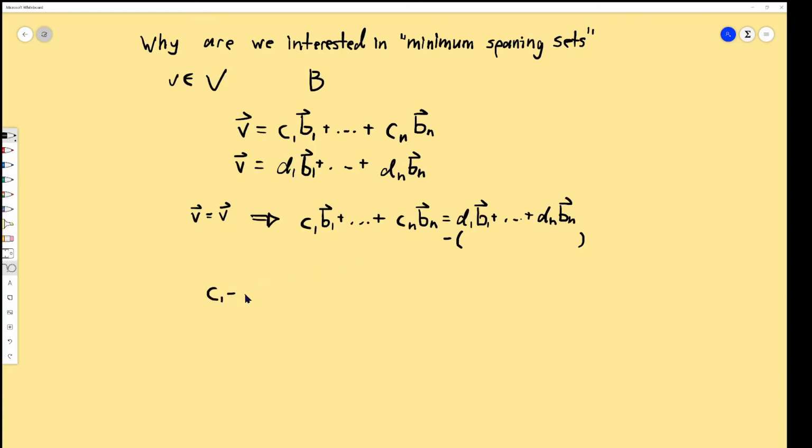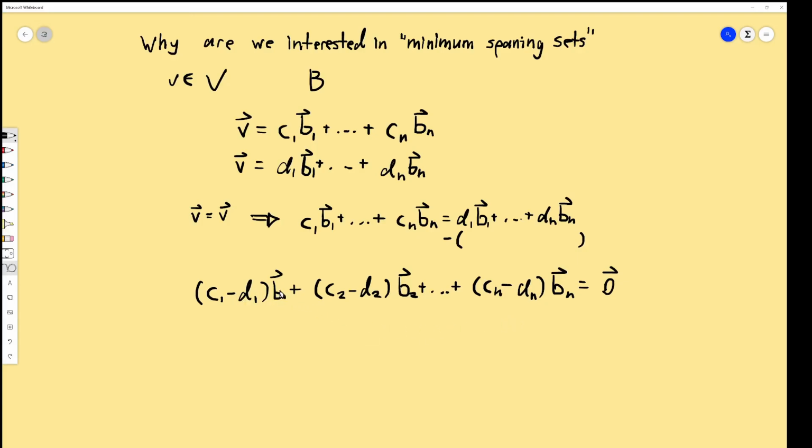I would combine my coefficients for each respective basis vector, so I would get that (C1 minus D1) times b1 plus (C2 minus D2) times b2 all the way to (Cn minus Dn) times bn equals what is left on the right side, which is the 0 vector. So I find that this combination of these vectors is equal to the 0 vector. But since B is a basis, all of these vectors make a linearly independent set.